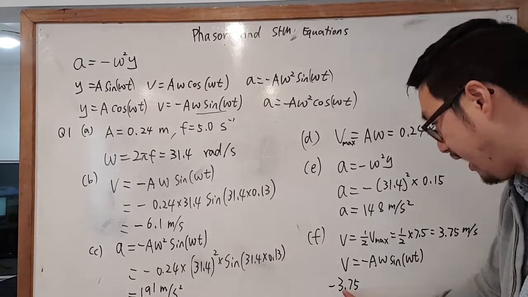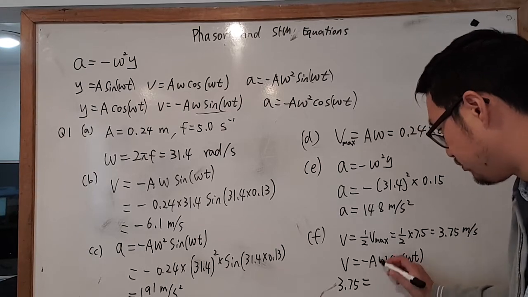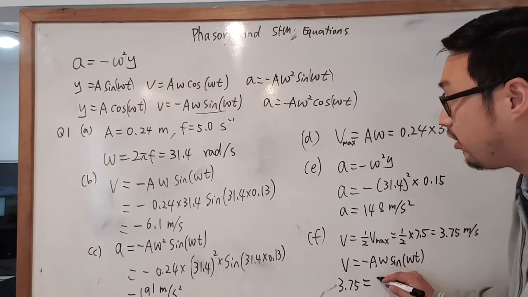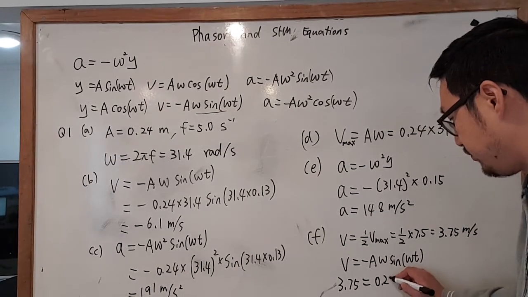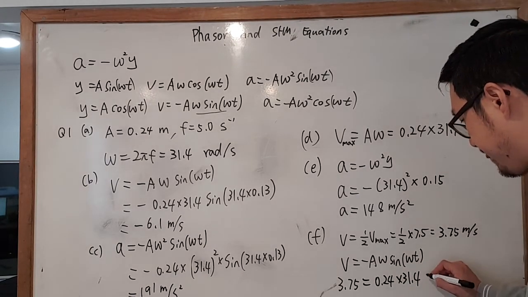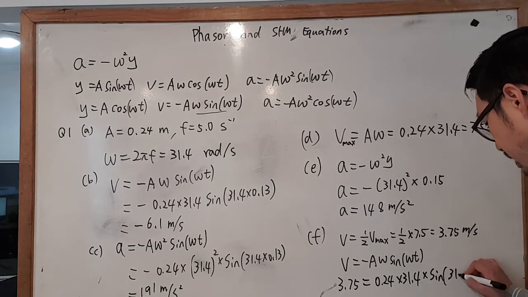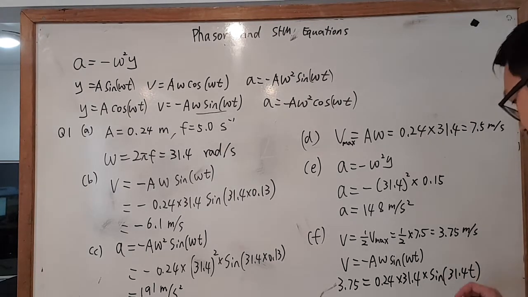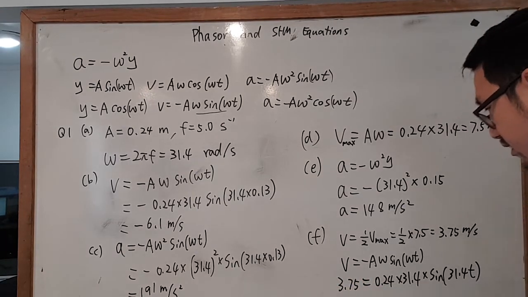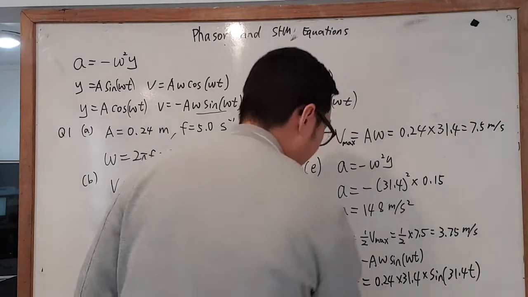It's very important for us to ignore this. Then we make it all positive: 0.24 times 31.4 times sine 31.4t. I'll quickly explain why we use 3.75 instead of negative.